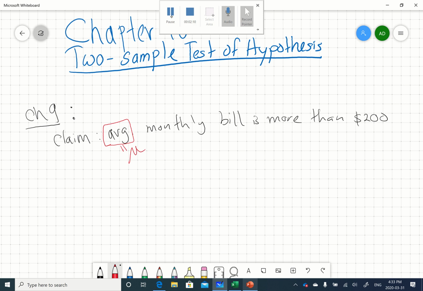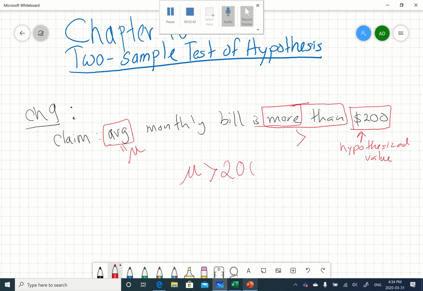We built the comparison, more than, and the hypothesized value. So we compared our parameter, the population mean, to a hypothesized value of 200. Is it true or not? That's what we tried to figure out using the hypothesis test.